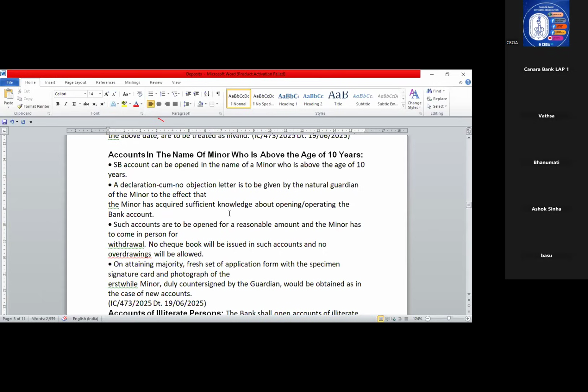Only if both are not there, then comes somebody else. Okay. So as per the Hindu Act, there is an order by which the person can have the guardians. Accordingly, the natural guardian declares that the minor has sufficient knowledge about opening and operating the account.